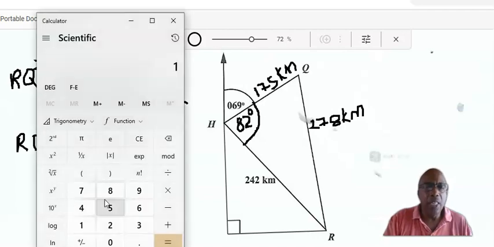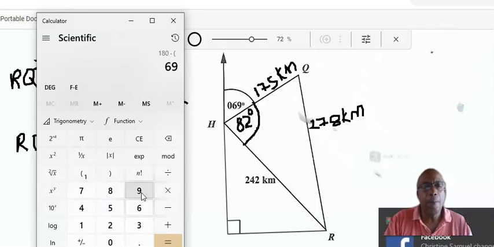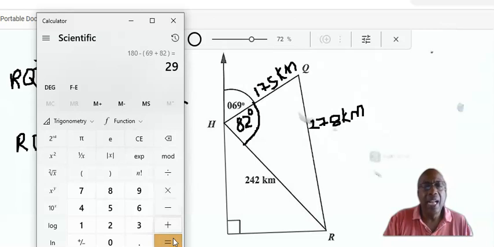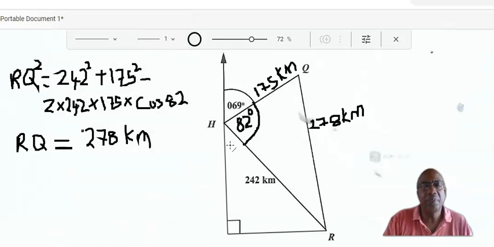So I'm going to do 180 minus, in brackets, the sum of 69 plus 82. Then I will close the brackets and press equals, and I'll get the answer as 29 degrees.